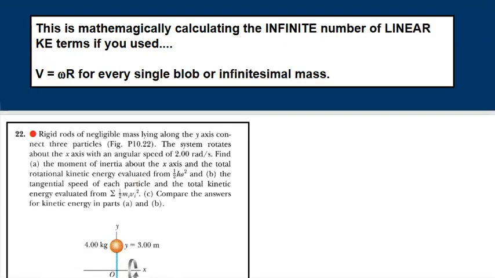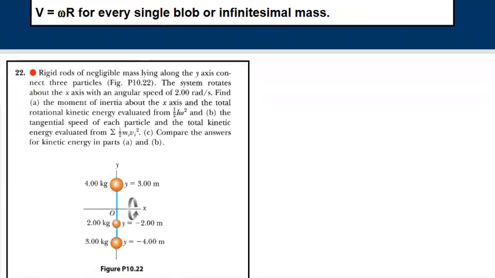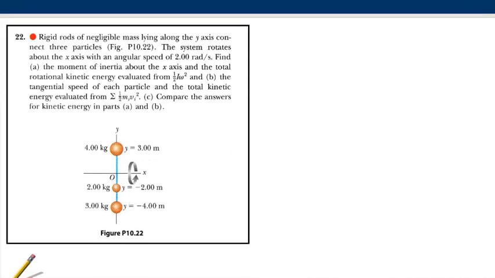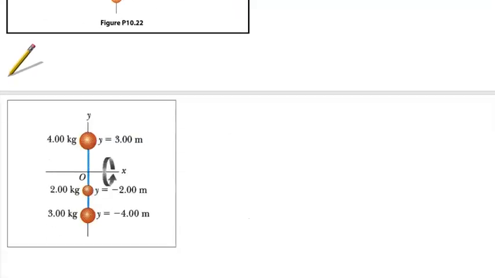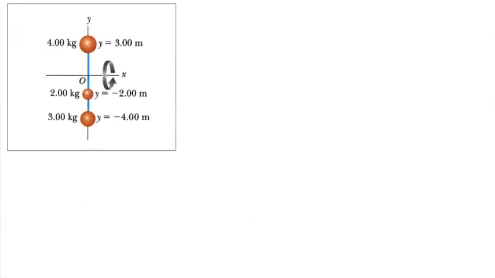Okay, that was all question A so far. Question B is find the tangential speed of each particle, which I'll talk about in a second, and the total kinetic energy if you treat them as individual blobs. Okay, so I'm just going to draw this super quickly. Imagine we're rotating this towards you so that we're looking at a bird's eye view of these things rotating.